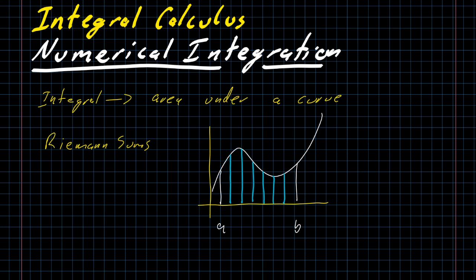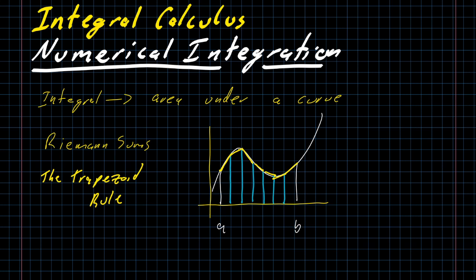If you were going really fancy, you may have come across what's called the trapezoid rule. In the trapezoid rule, you connect end to end. And now, instead of having rectangles, you have a whole bunch of trapezoids.